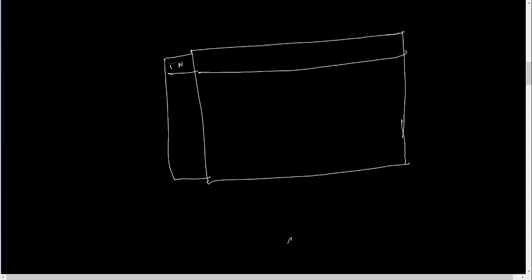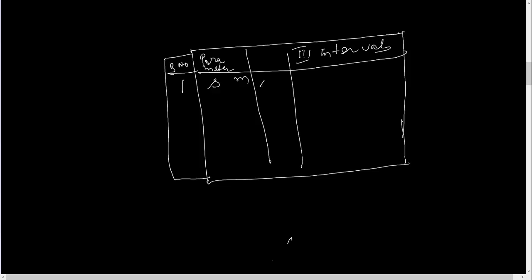Serial number, the parameter, and the 3 intervals. One is your S in meters. So for the first segment, let us call it S1. For the second segment, S2. And the third segment, S3.